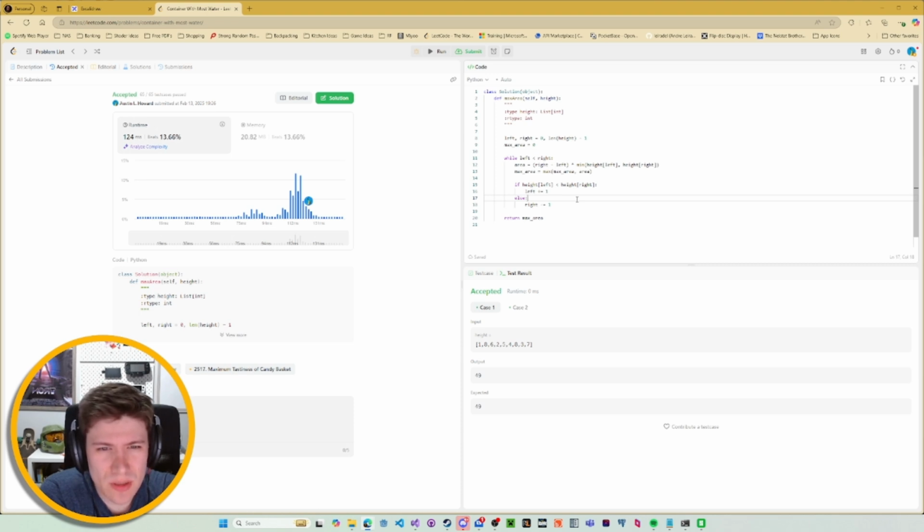I don't feel super good about it. Maybe I could look and see what the tallest bars are.